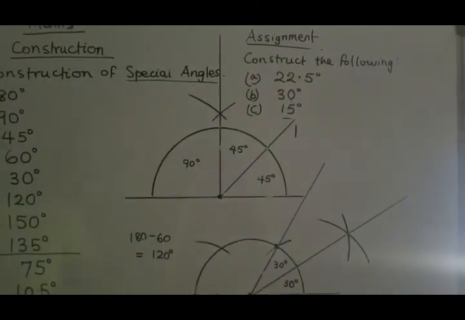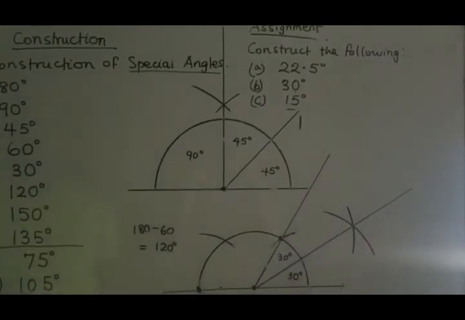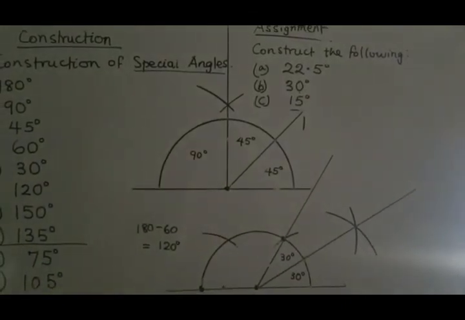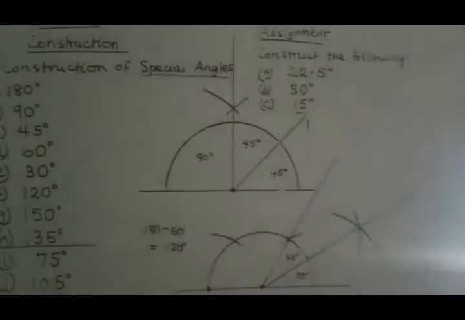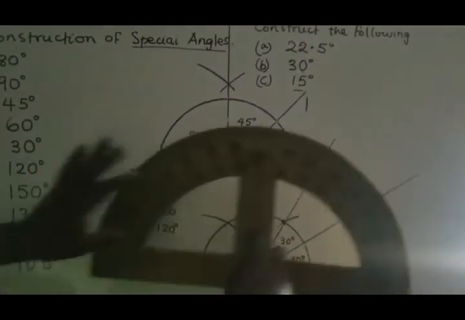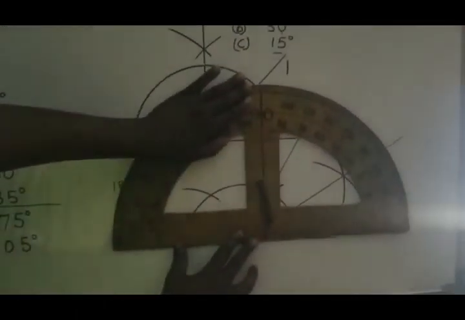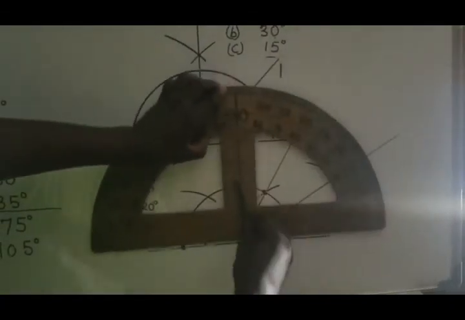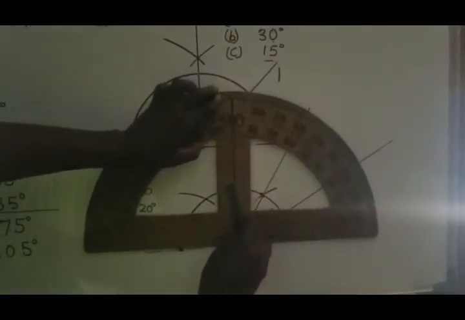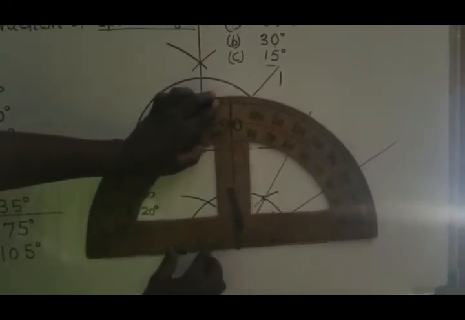Now we have not actually checked whether our 60 degrees and 30 degrees are correct. So let's get our protractor, then place it and see whether actually we got that. Okay, actually we got that. Look at it now. Place a protractor there and make sure.